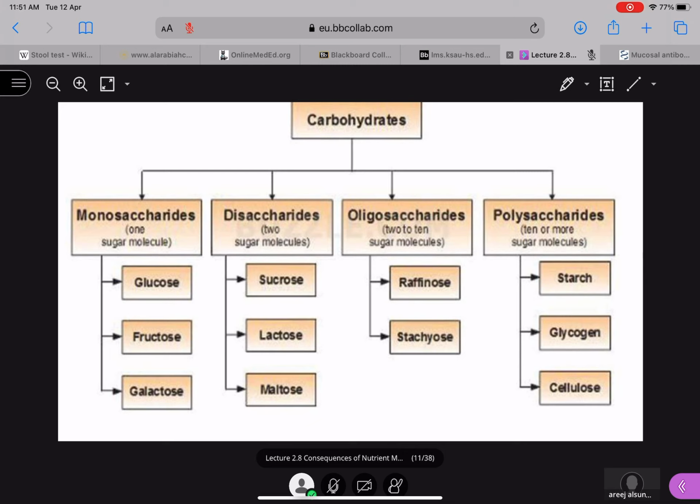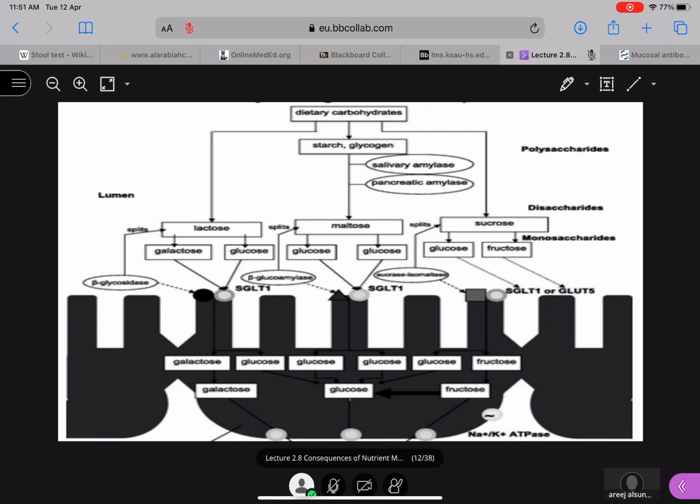And as you can see, the monosaccharide is a simple, easy, ready to absorb molecule, while the polysaccharide is a more complex sugar, which needs first to be digested and then absorbed, while the monosaccharide can be absorbed directly. And we're going to see this in the next slide.